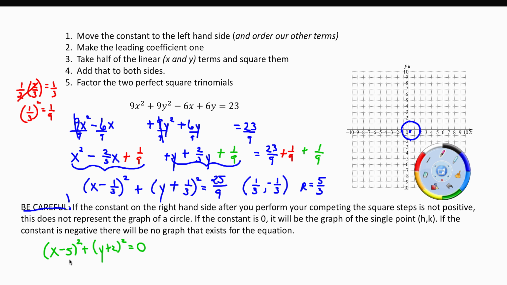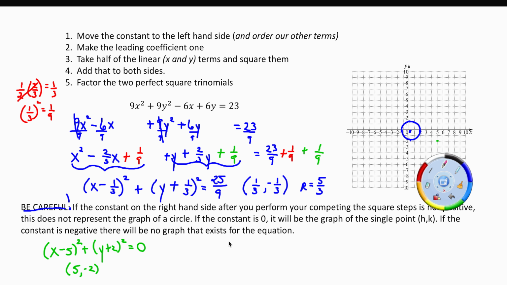However, I can just graph this point, 5, negative 2, right? So if you wind up with a 0 on the right-hand side of your equation, the point 5, negative 2 is what your graph looks like.